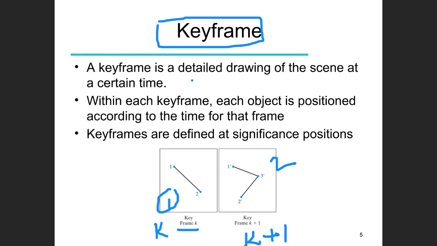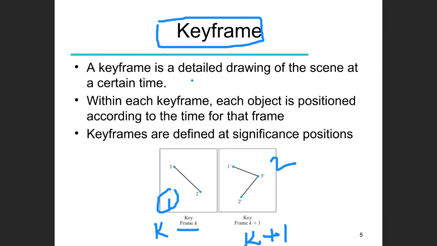Here in keyframe k, we are representing just a single object, which is a line, by using two points. In the next keyframe, we make some changes to this object. Maybe the single line is broken into two parts. So we represent two lines: the first from point 1 to 3 dash, and the second from 3 dash to 2 dash.